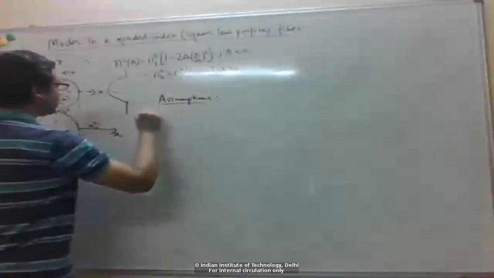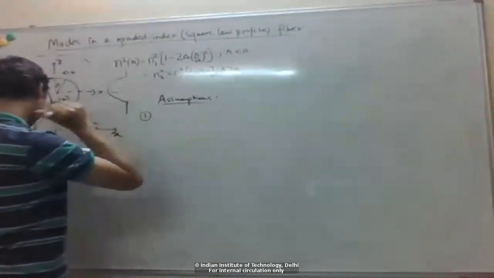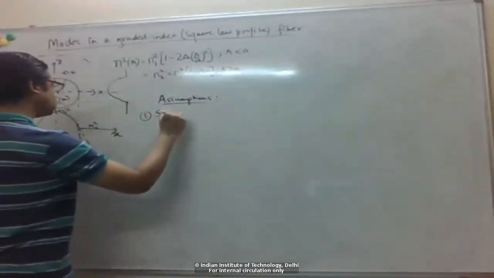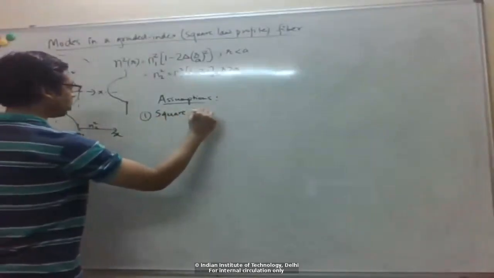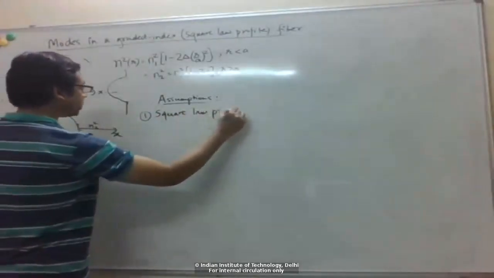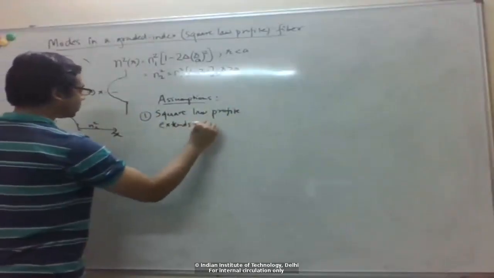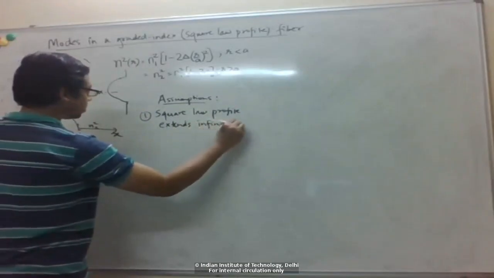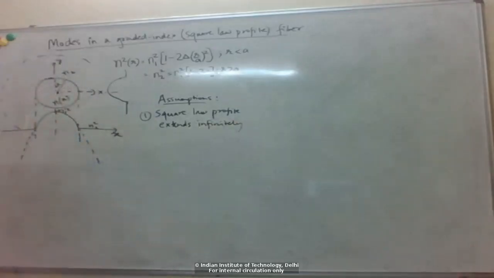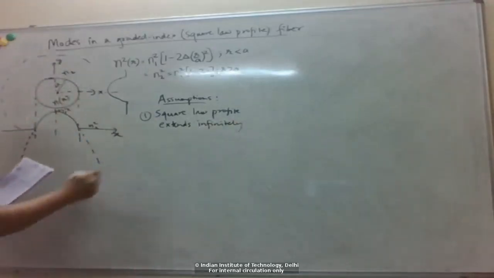So, assumptions. One is that the square law profile extends infinitely, not just in the core, but even outside.